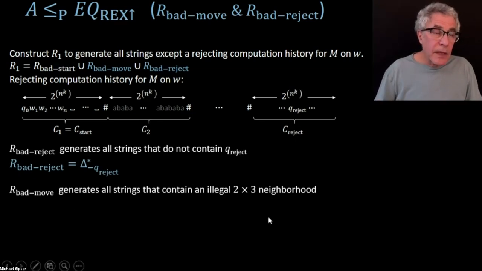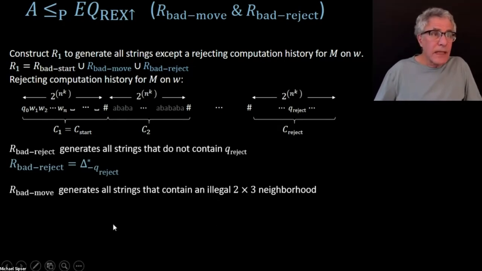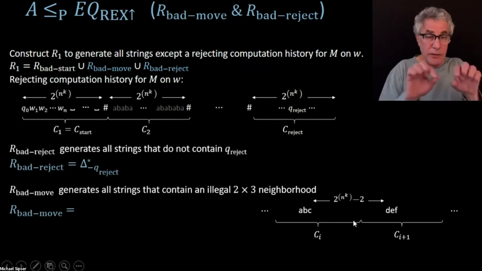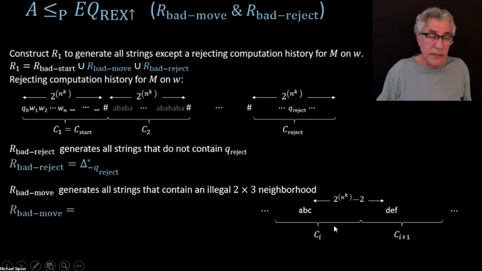And lastly, we're going to use the notion of the neighborhoods. You might think this is the hardest part, but in fact, it's not that hard. So these are all of the strings that have somewhere along the way a violation according to M's rules. You want to describe all of those as well. I'm going to do that in terms of the neighborhoods. But the neighborhoods now are going to be stretched out. We don't have a tableau anymore, so they're not so easily visualizable, but it's the same idea.